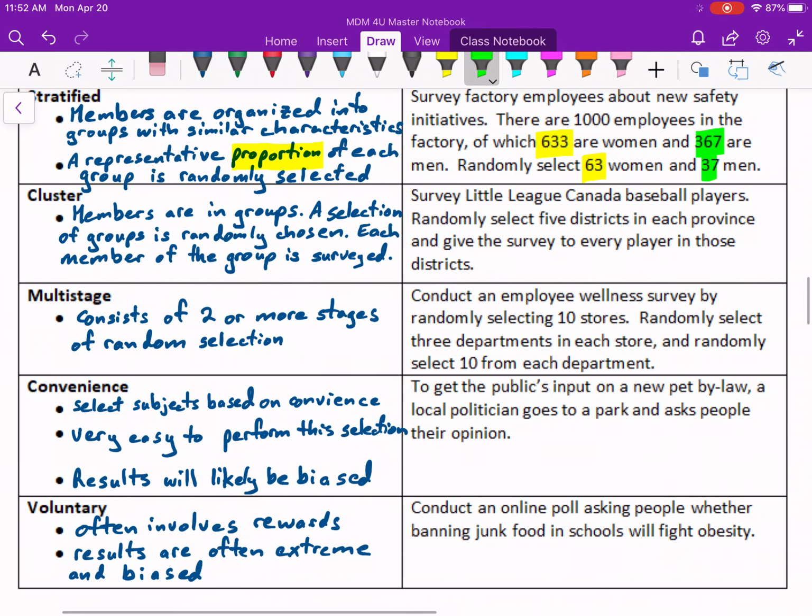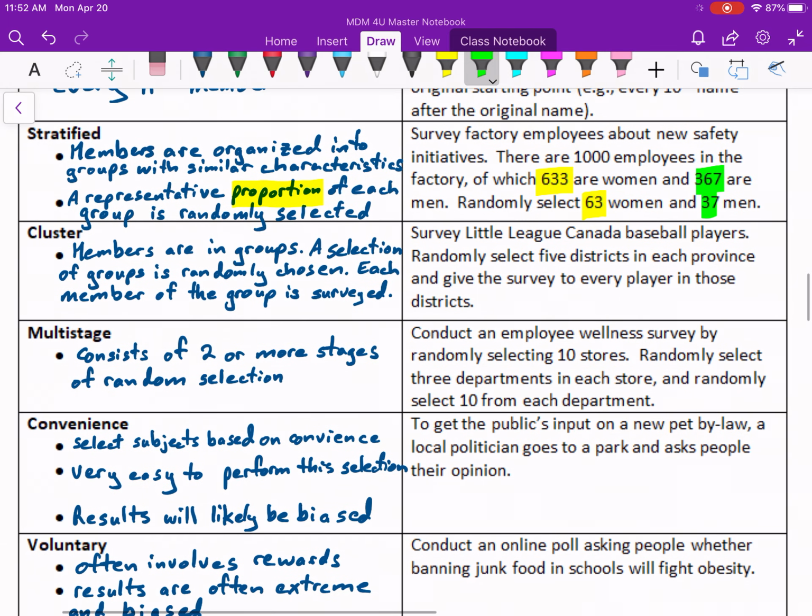Cluster is another way where members are put into groups. Just like in stratified, things are in groups, but instead of taking a proportion of each group, we randomly select entire groups and then study each member of the group. So there's some similarity between stratified and cluster, but there's a big difference. It's not proportional by group, it's entire groups.